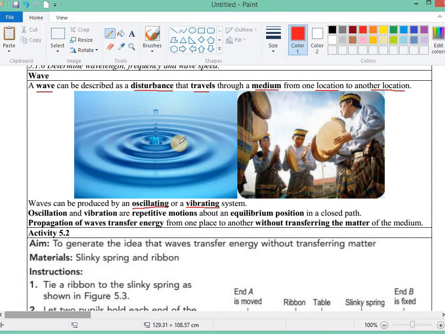So what is oscillation and vibration? Oscillation and vibration are repetitive motion about an equilibrium position in a closed path. That means it's motion that always repeats itself.